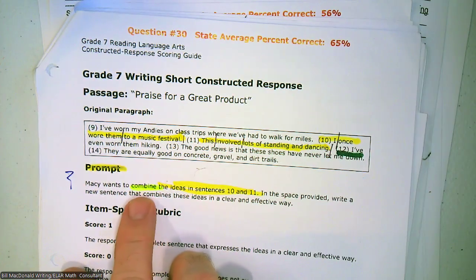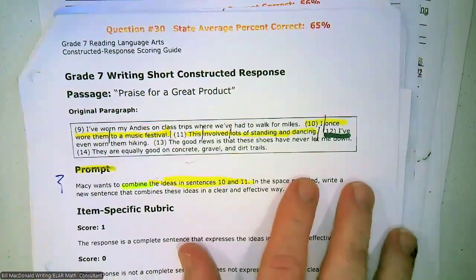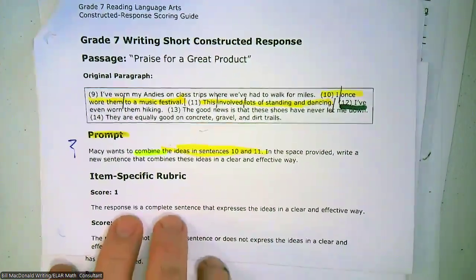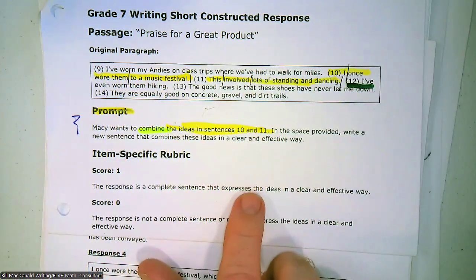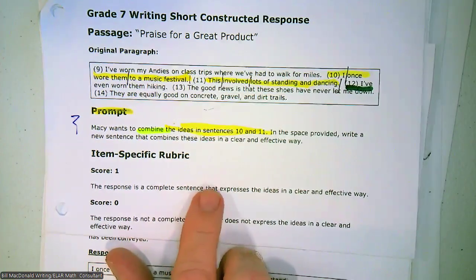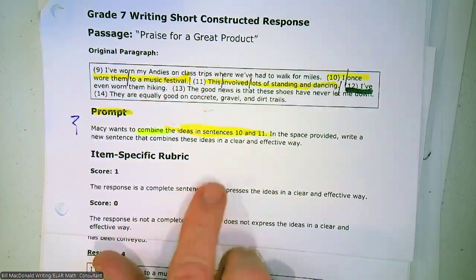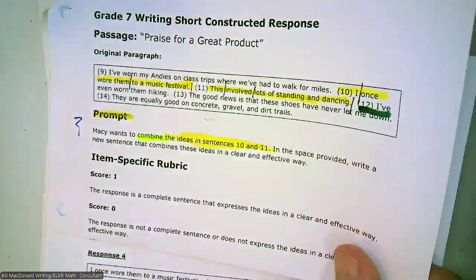Write a new sentence that combines these ideas in a clear and effective way. Okay. You only get the point if it's a complete sentence and it is clear and effective, because it's the sentence that expresses, that being the sentence.